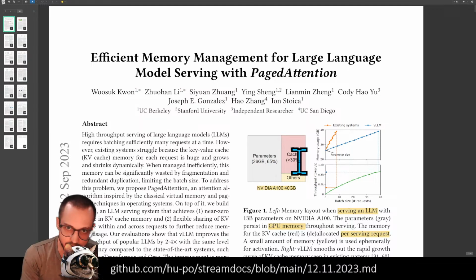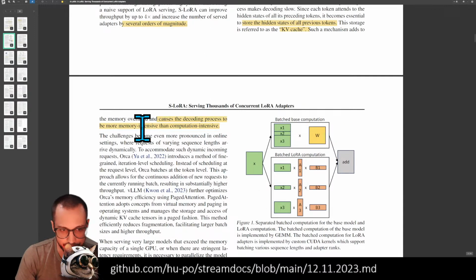Or if you're trying to load a LoRA, maybe the LoRA doesn't fit, and now you have to take this KV cache out to put the LoRA in, then put the KV cache back in. So they're realizing you're potentially trading off computation intensive things, memory intensive things, and communication overhead as well.